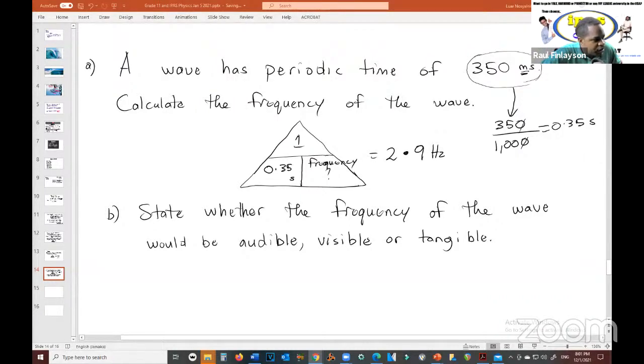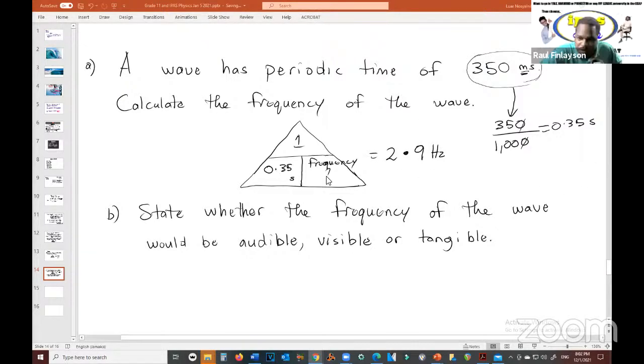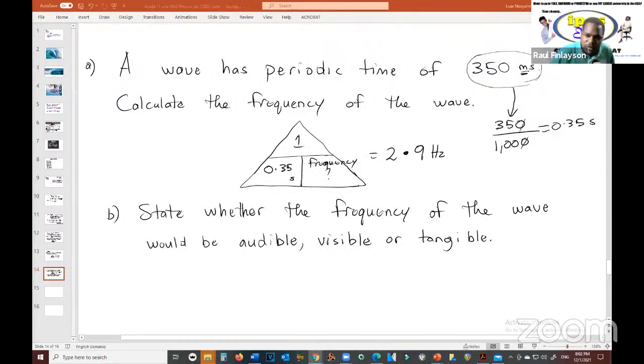Sir, I never changed the millisecond to second. If you don't change it and you get 2.9, that means you did something wrong. All right, sir, 2.9 hertz. Later, yes, I get the same thing. You cannot get the same thing there, Chanel.